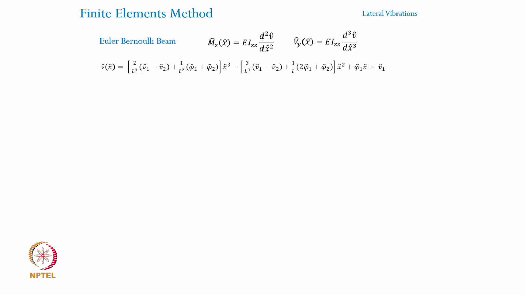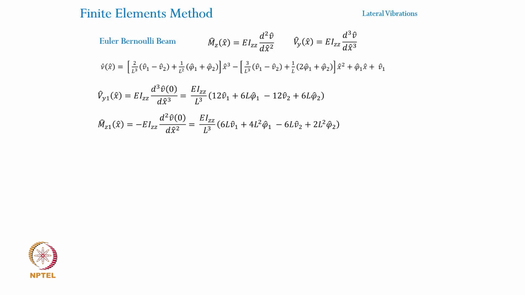Okay. Now, how to get the element stiffness and mass matrix? For the case of the stiffness matrix, we again assume that the beam is a simple beam following the Euler-Bernoulli beam theory, wherein these expressions are valid. We all know that, and so referring back to the equation of the displacement v cap, we can now implement the boundary conditions here.